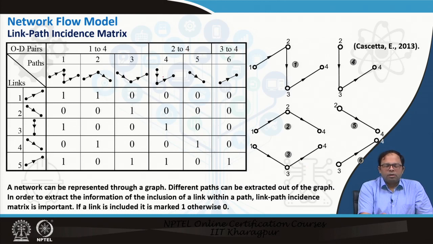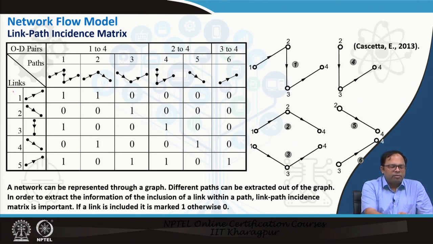From 2 to 4 we can go like 2, 3, 4 like this one, or from 2 to 4 directly, and then 3 to 4 we can only go in one particular way. So, for 1 to 4 there are 3 paths, for 2 to 4 there are 2 paths, and for 3 to 4 there is only a single path.